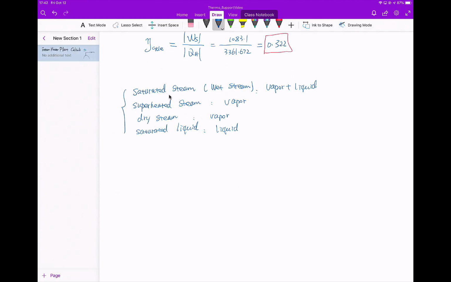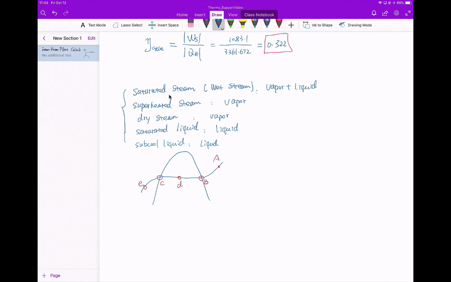Okay, so by the diagram, this is A, this is B, this is C, this is D, and of course you could have this E. See again, liquid.